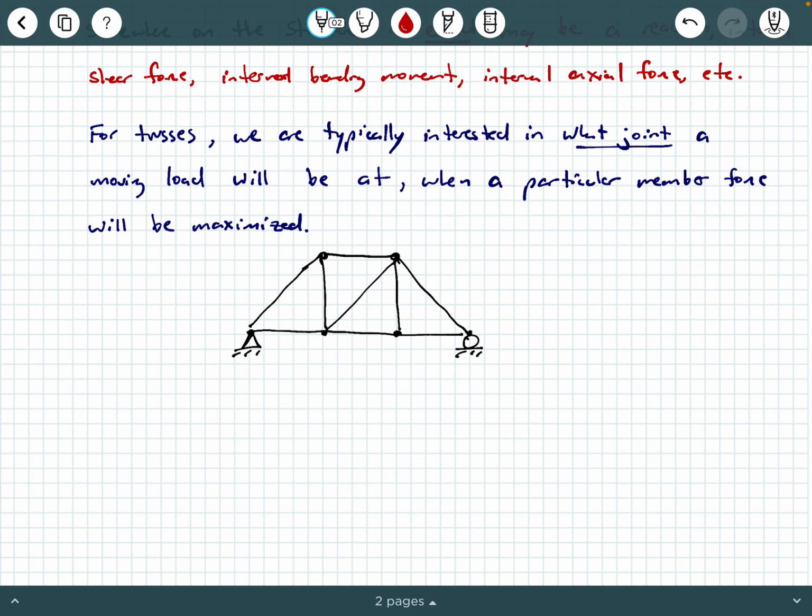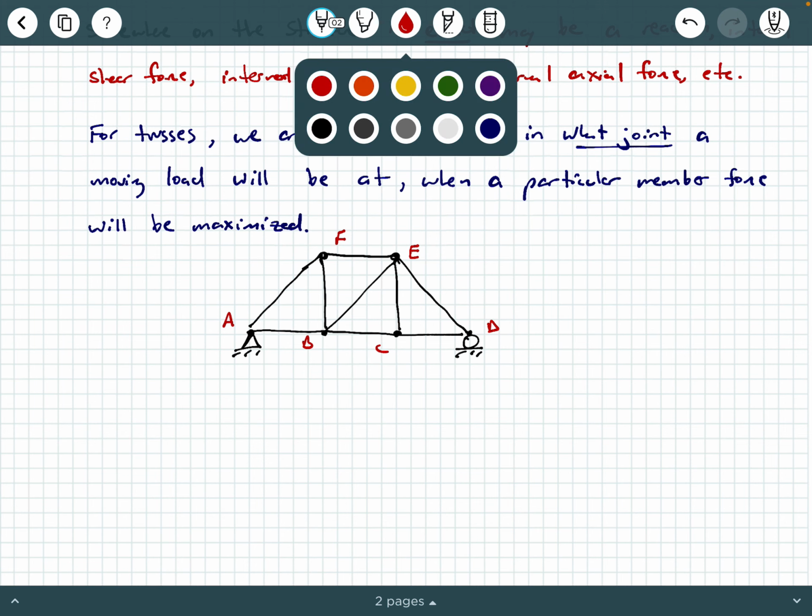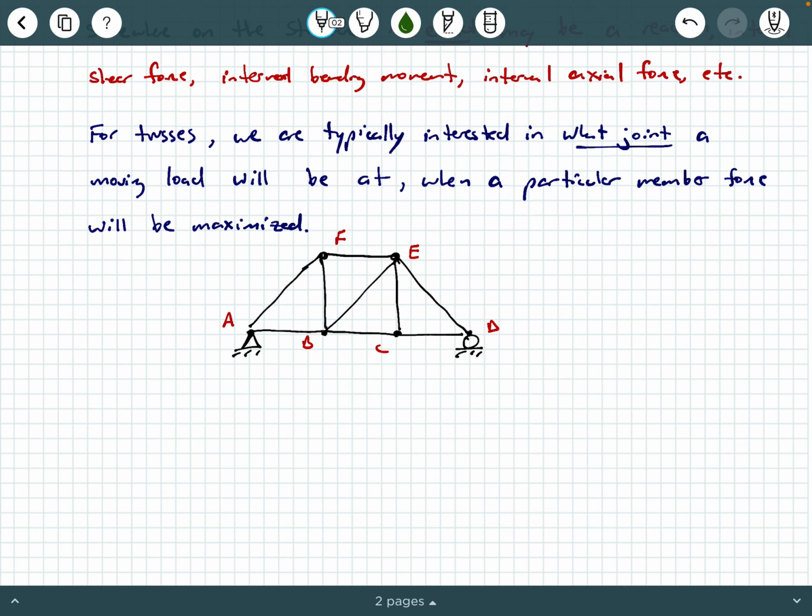And let's say that we label these members A, B, C, D, E, and F, okay? So in this discussion we're having, what we're talking about is, let's say we have a load that could move across this truss somehow, okay?